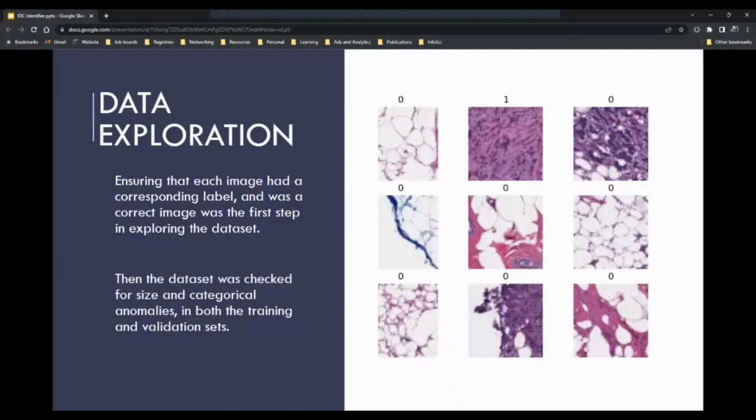Insofar as data exploration, within the notebook we were able to view a set of images and their associated labels to make sure that they are actually images and they are labeled. Unfortunately, I'm not a microbiologist or cancer researcher, so I cannot verify the cell data and what it means, but I'm trusting that the researchers who manually input all this information know what they're talking about.